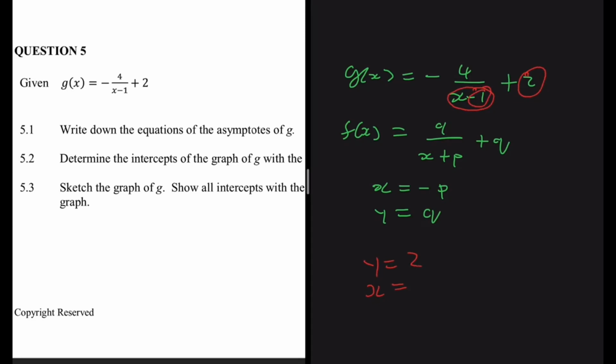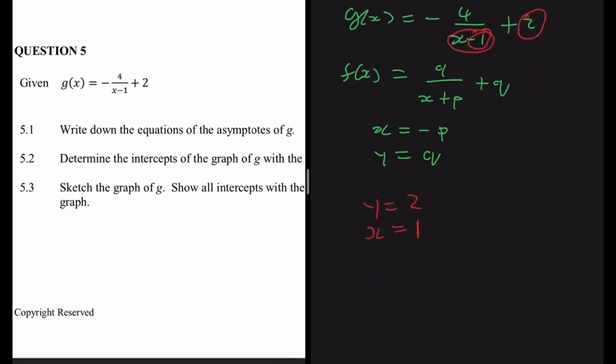So we have x being equal to 1. So we have our horizontal asymptote, which is y is equal to 2, and our vertical asymptote, which is x is equal to 1. Another way of determining the vertical asymptote, you can just see x minus 1 is equal to 0, so x is equal to 1.